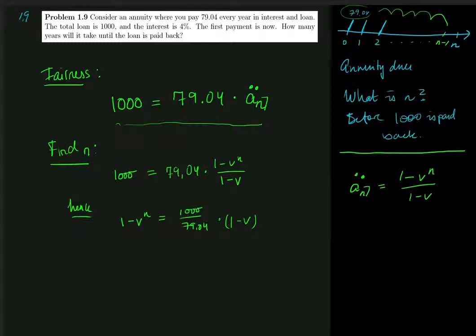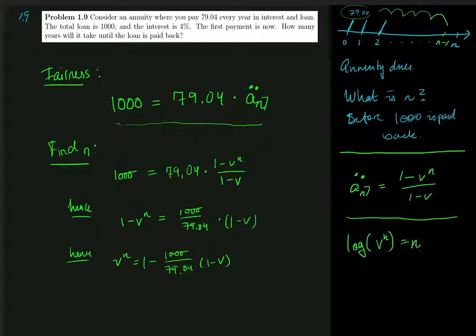And by adding v to the n on both sides and subtracting this on both sides, we have that v to the n is equal to 1 minus the right-hand side above. Now, in order to find n, I just take the log on both sides, and recall the rule that log of something to the nth power is equal to n multiplied by the log of that something.